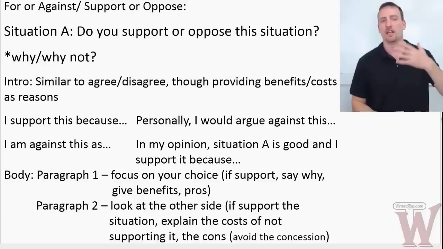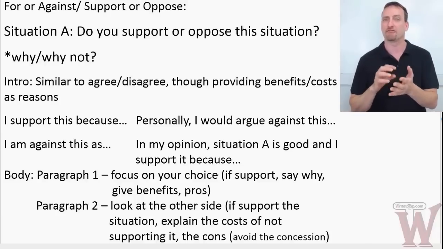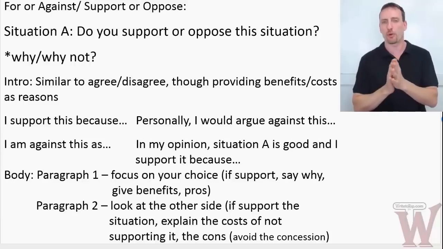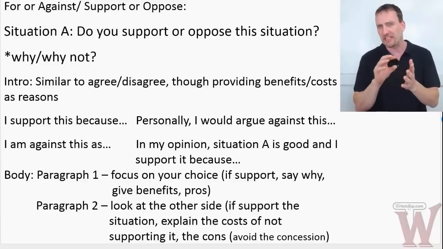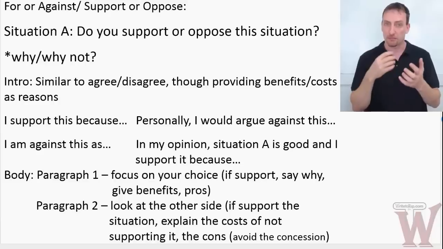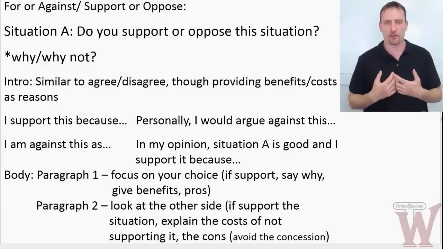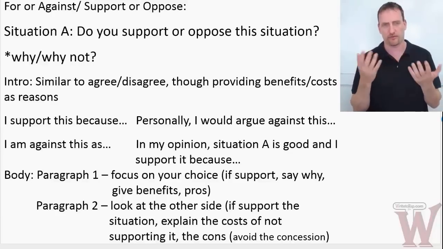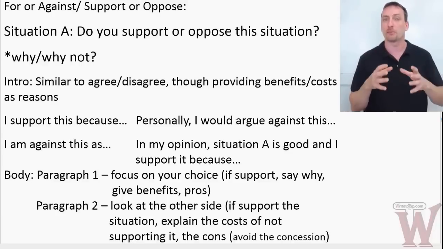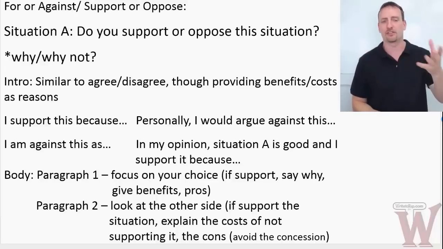This is the question. Again, very similar to agree, disagree, except instead of providing reasons why you support or oppose, make sure those reasons focus more, they're not really reasons, they're more benefits, the pros and cons of this activity. So you have your reasons for supporting or opposing, but these are based on costs and benefits, okay? Again, how to start?